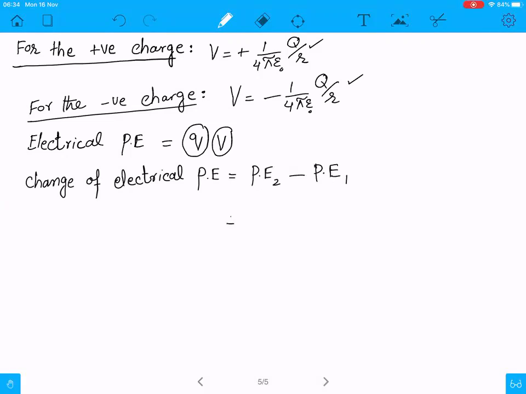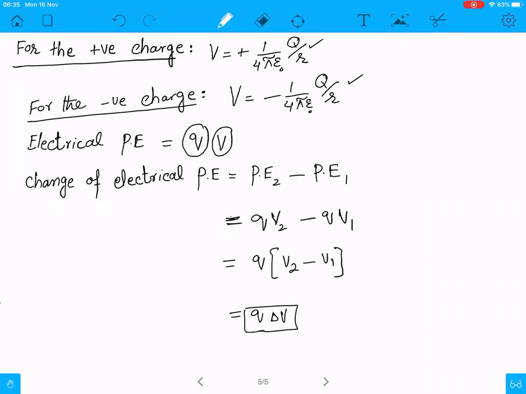So it would be, in simple words, Q times V2 minus Q times V1. If we take Q common, it could be written as Q times V2 minus V1, or Q times delta V.